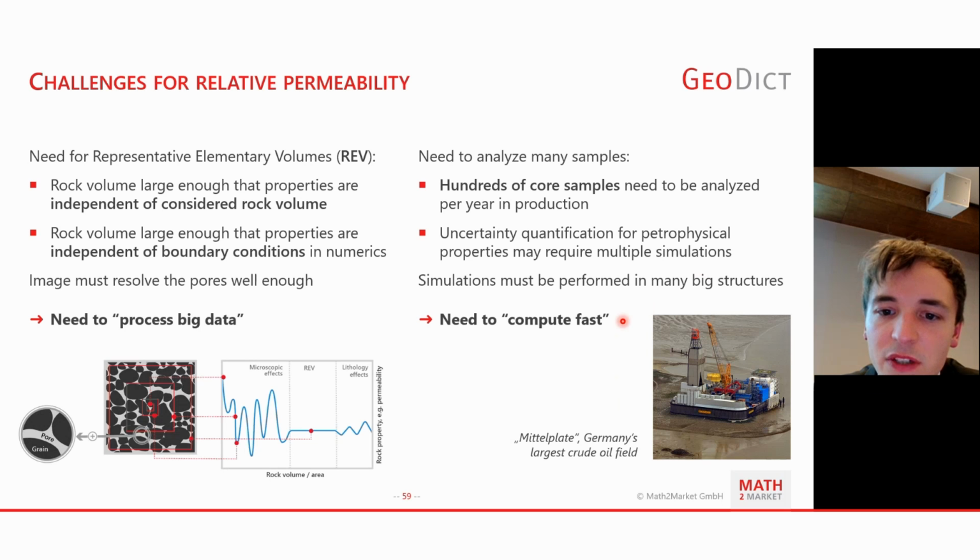And we have also an advantage because we can compute very fast. Since computational power increased in recent years and we have cloud computing available, we can start multiple instances of relative permeability computations that, if executed sequentially, would take a long time. But if we execute them at the same time, it would only take about 3 days or so.